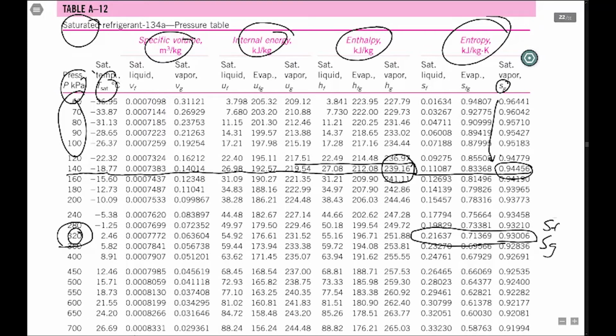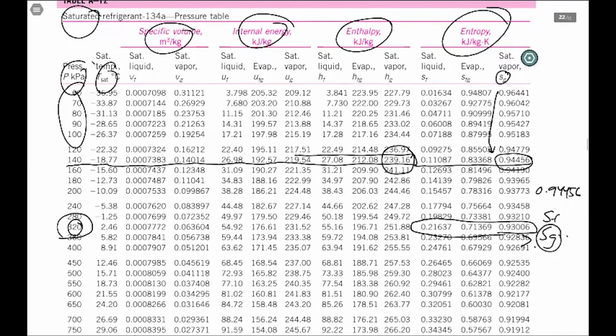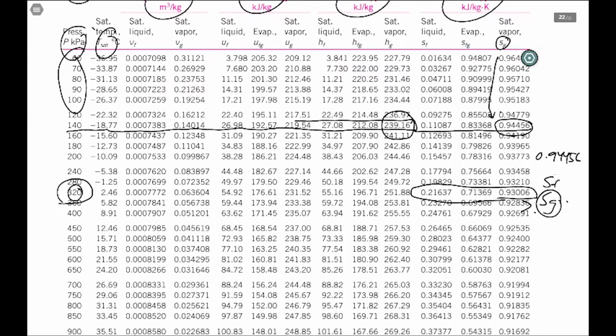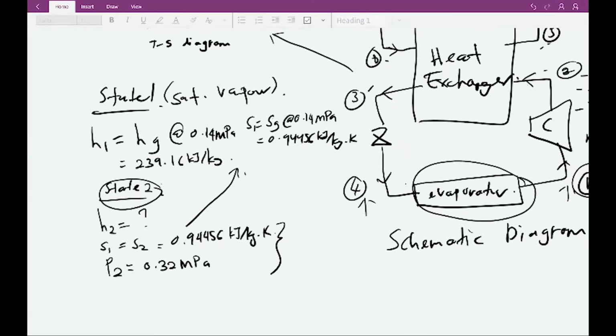Our value is 0.94456, which is higher than Sg. What it means, if we get higher than Sg, is that the state should be superheated refrigerant. So we write that state 2 is superheated refrigerant.